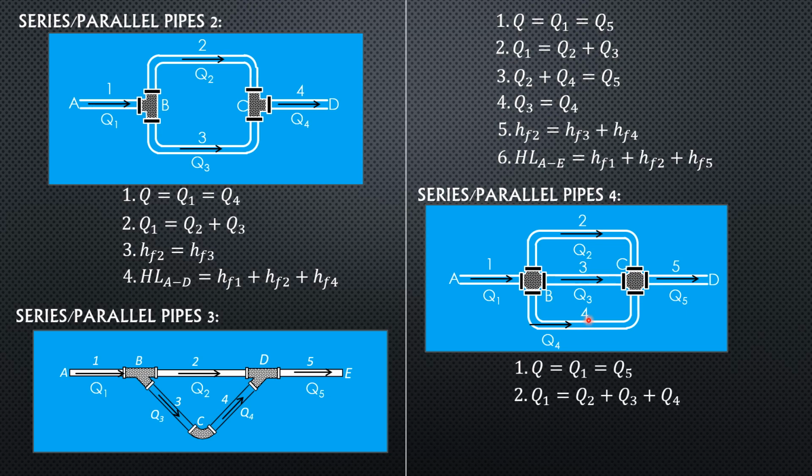Because 2, 3, and 4 are parallel, then HF2 equals HF3 equals HF4. Then for the total head loss, it is equal to HF1 plus HF3 plus HF5. Take note that HF3 can be replaced by HF2 or HF4.